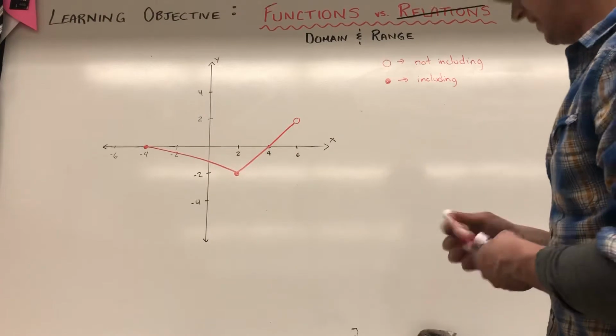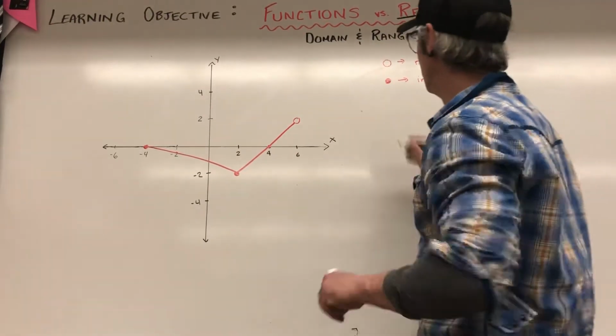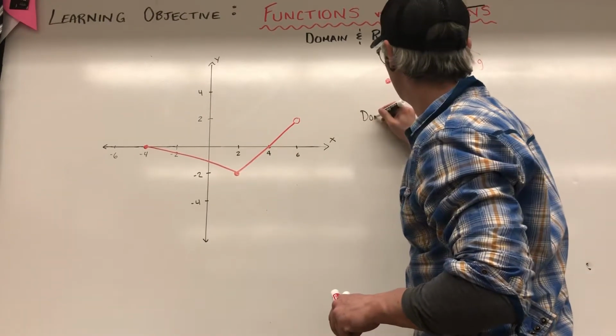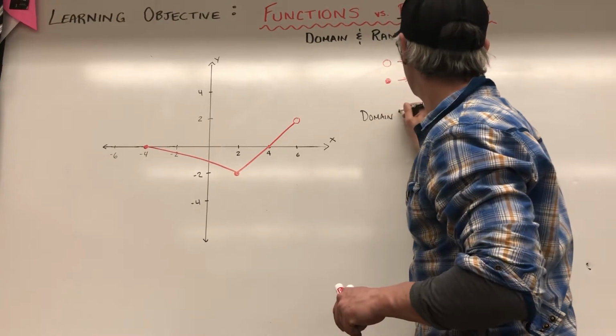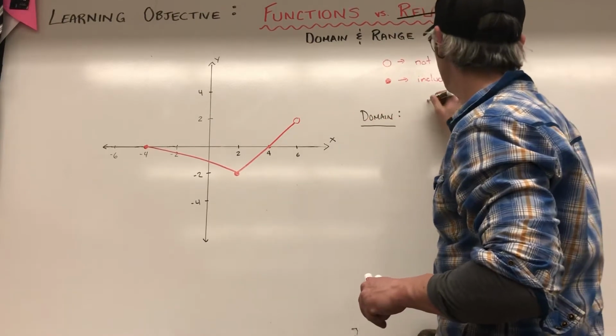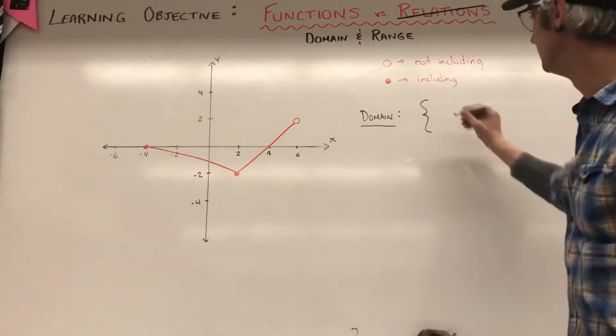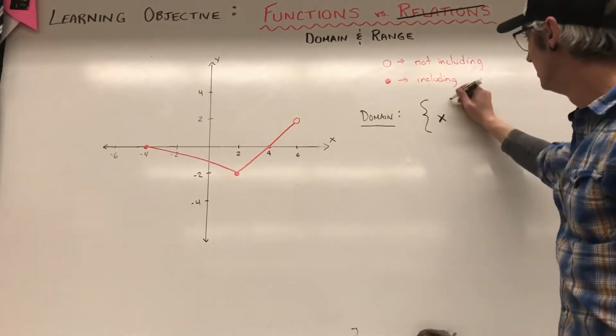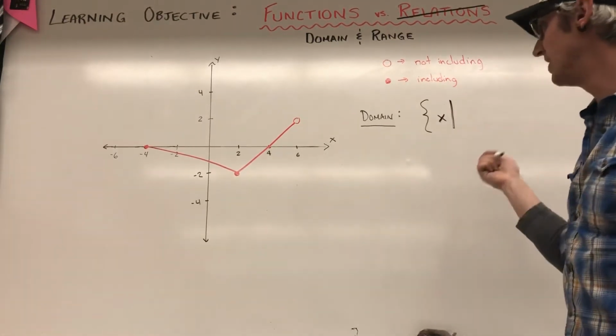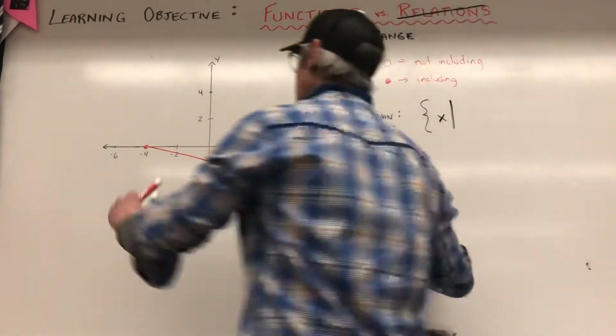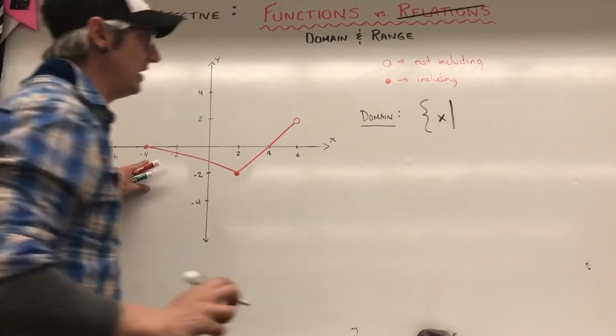So let's do something like this. The first way that I can represent domain is: open my squiggly bracket, and I can say my x values such that x is between -4, including -4.